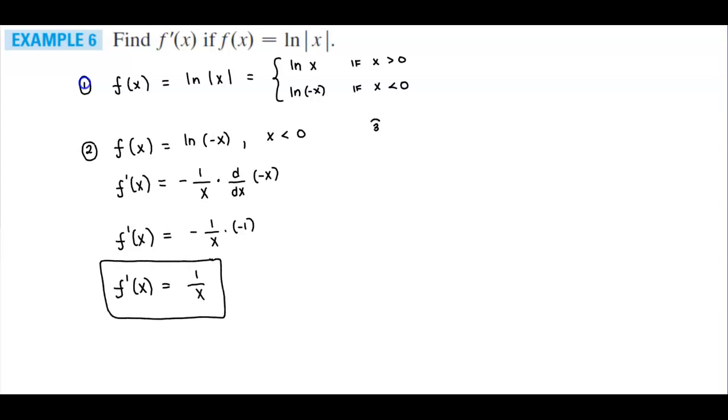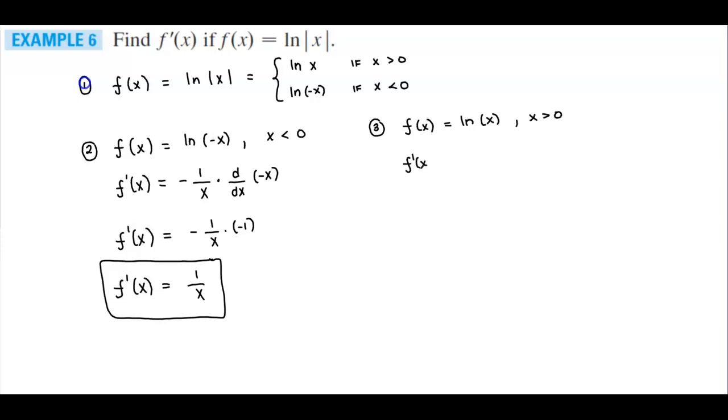Okay, now let's take a look at the other scenario. If we let f of x now equal the natural log of x, where x is greater than 0, let's find the derivative of that function.